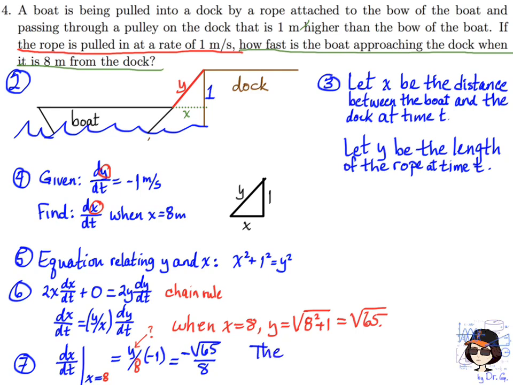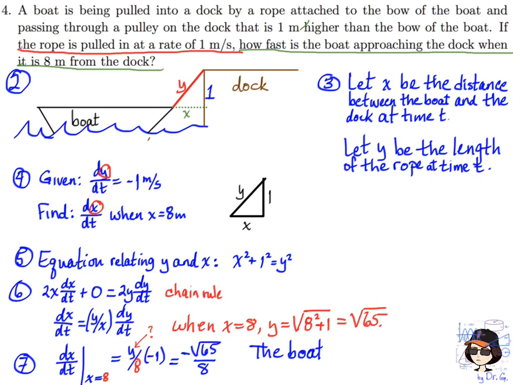So now we are asked for how fast the boat is approaching the dock, and we got a negative answer. We got a negative answer because dx/dt is the rate of change of the distance between the boat and the dock. And it makes sense that it's negative because the boat is approaching the dock. But the way the question is phrased, they want to know how fast is the boat approaching the dock.